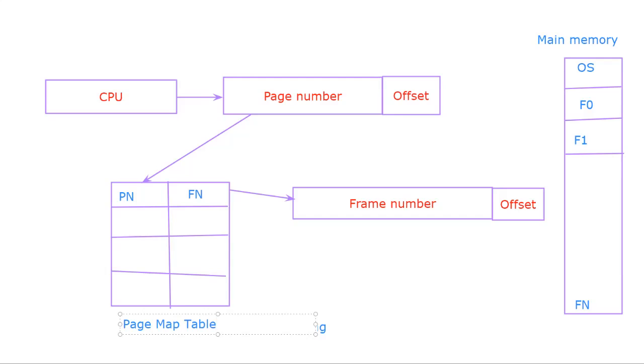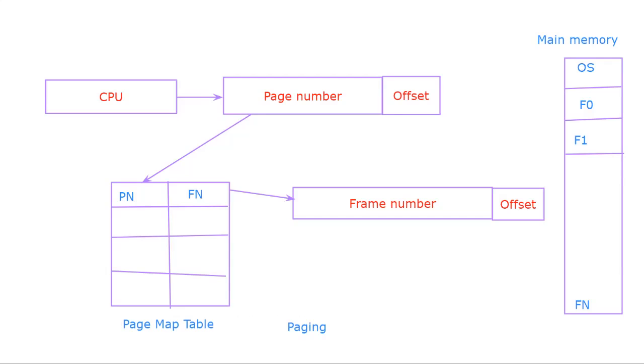This is the diagram of page map table. Frame address is called physical address. If we have to learn the process of address translation, then we must learn that page address is called logical address, and it is represented by page number and the offset.